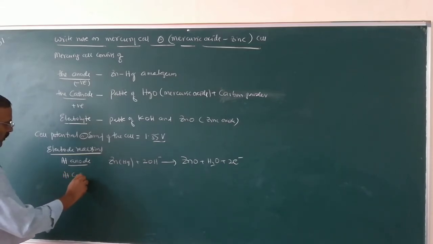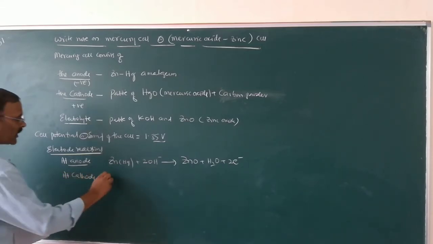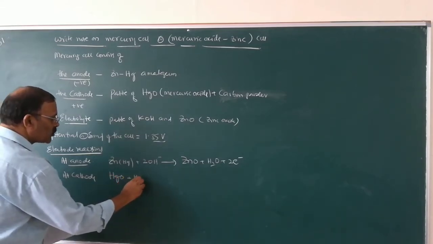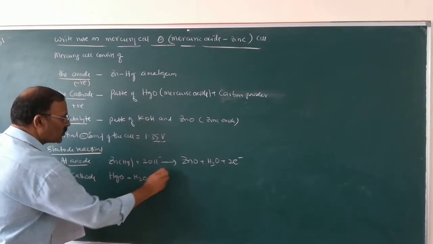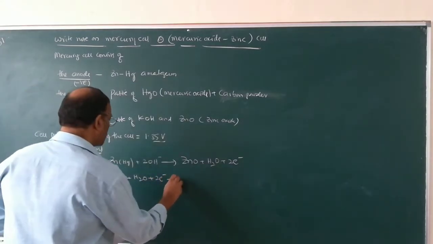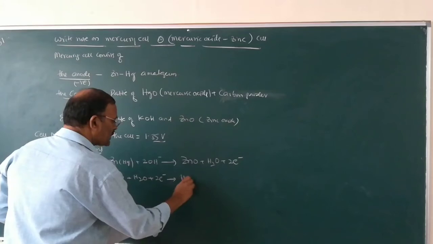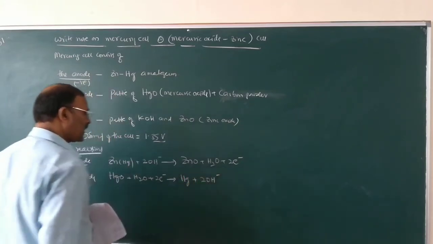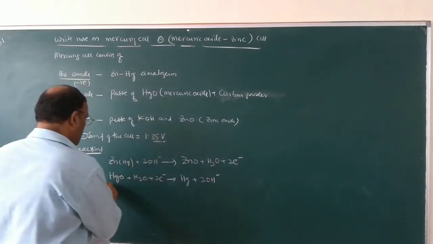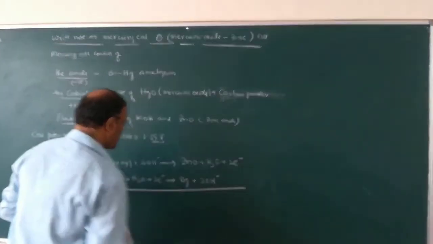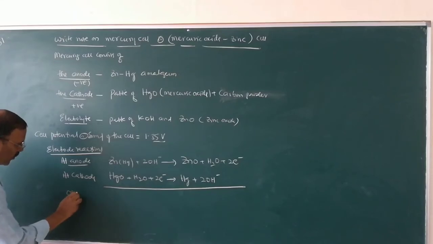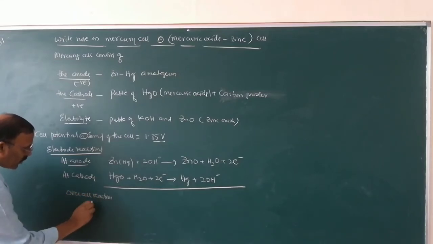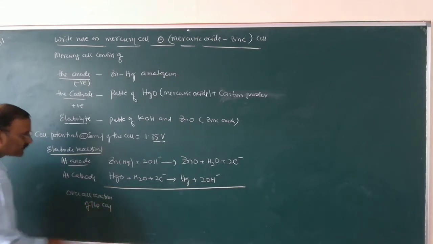At cathode what happens? HgO plus H2O plus 2 electrons gives Hg plus 2OH minus. Then what is the overall reaction? Overall reaction of the cell.